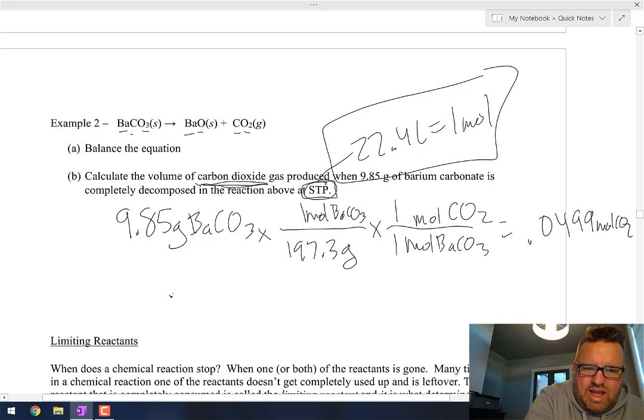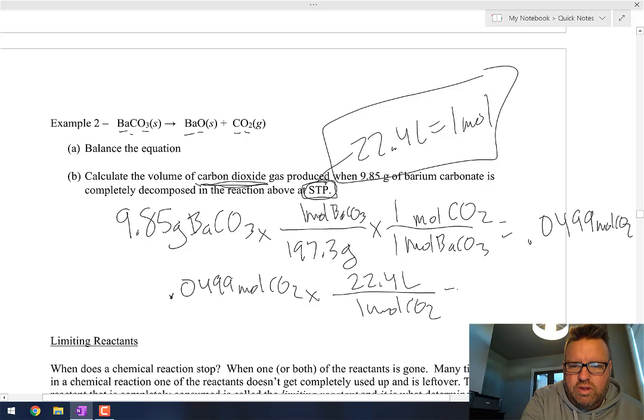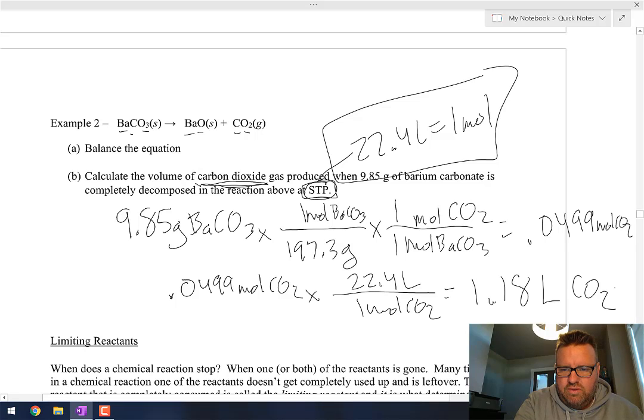Because now, just like converting moles to grams, I can go 0.0499 moles of CO2, and then I'm going to say 1 mole of CO2, 22.4 liters. So I'm going to take that number that's on my screen, multiply by 22.4, and I'm going to get 1.18 liters of CO2.